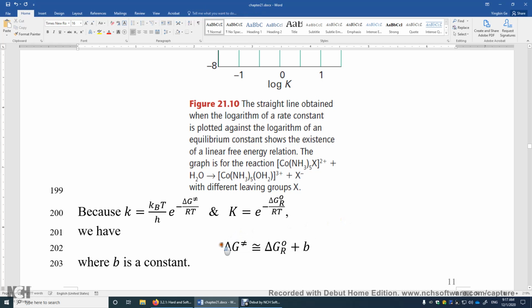If you look at this equation, this is the Gibbs energy of the transition state minus the Gibbs energy of the reactants. This is the Gibbs energy of the products minus the Gibbs energy of the reactants. All right?